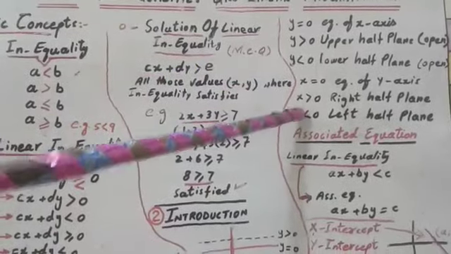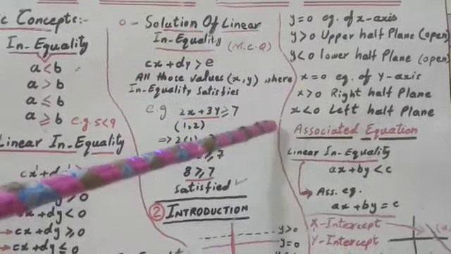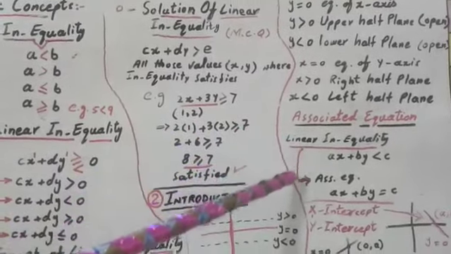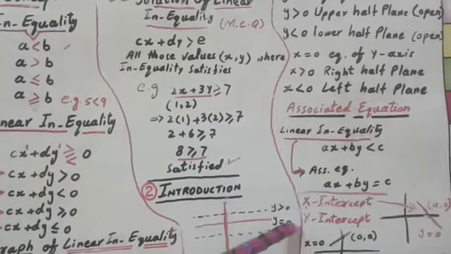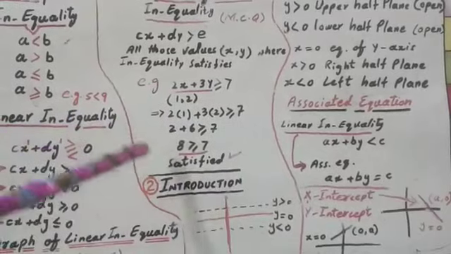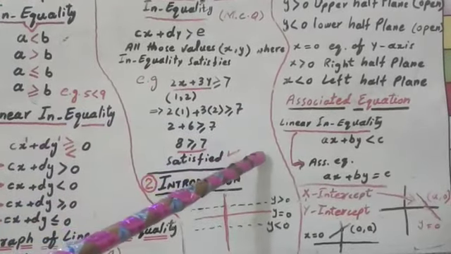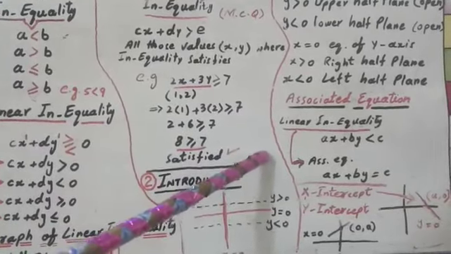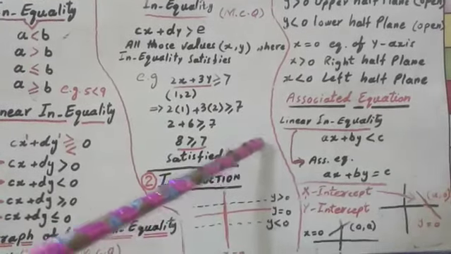And next, what an associated equation is, x-intercept and y-intercept. These are basic concepts before starting chapter number 5. So please learn and memorize these concepts. They will be helpful in chapter number 5.